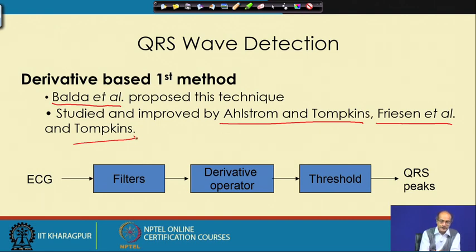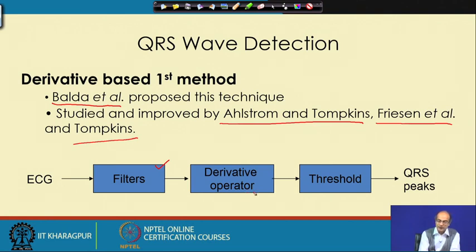In this technique, the first thing we do is pass the ECG signal through a filter. The reason is, we know that the derivative operator, which would be the next block, is sensitive to noise. So, first we would like to reduce the amount of noise or improve the SNR of the signal before we pass it through the derivative operator.